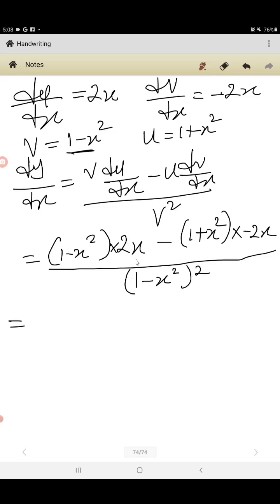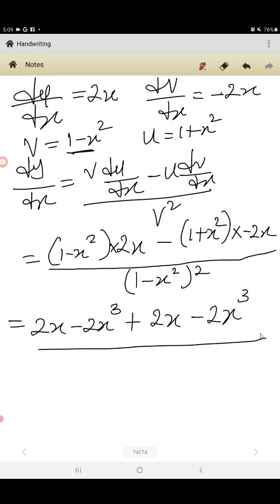So what we now do here, you expand, you have 2x minus 2s raised to power 3. This first minus, when we multiply it, gives you plus immediately. So 2x times this will give you 2x, and this times this gives minus 2s raised to power 3. That is all.